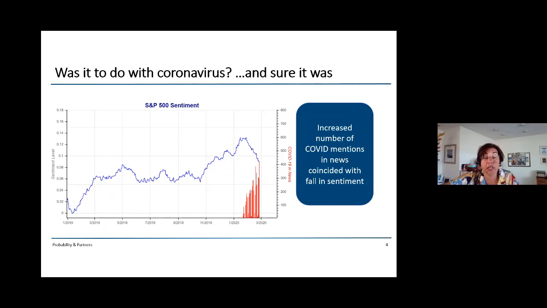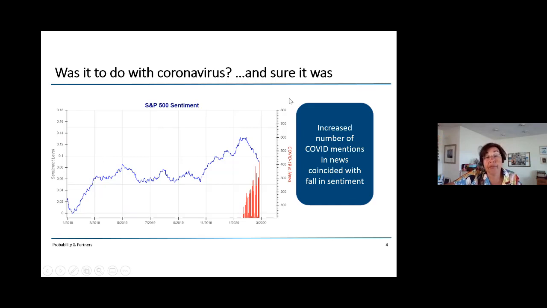So then we ran the mentions of COVID, coronavirus, corona in the news, and we saw that this sustained and rapid decline indeed coincided with mentions of those terms. And so our suspicion was verified that it coincided at least with sentiment.